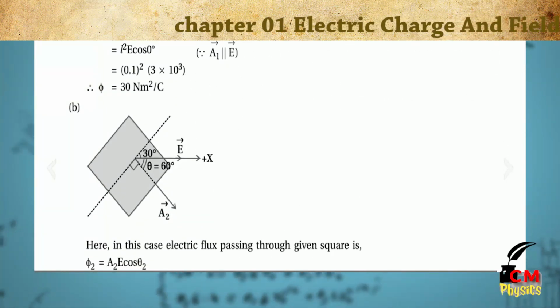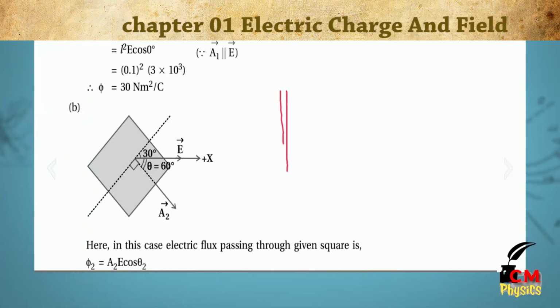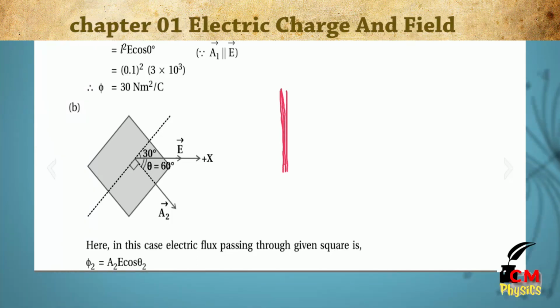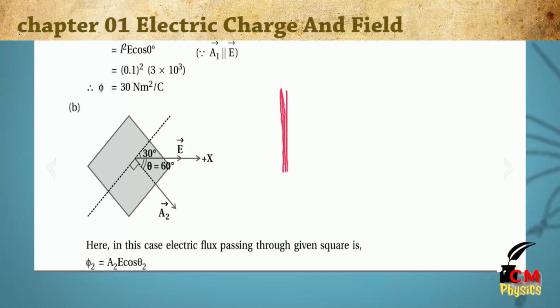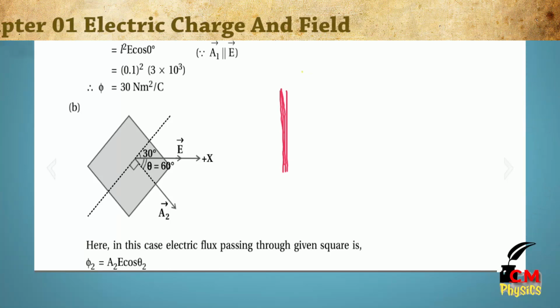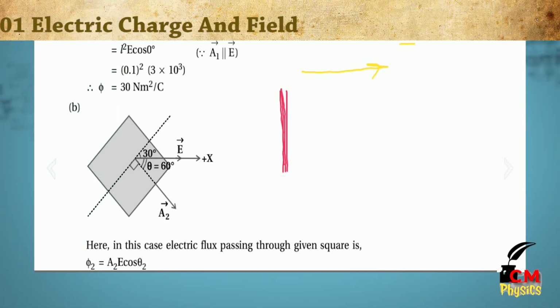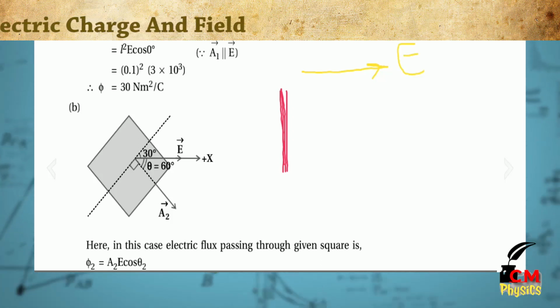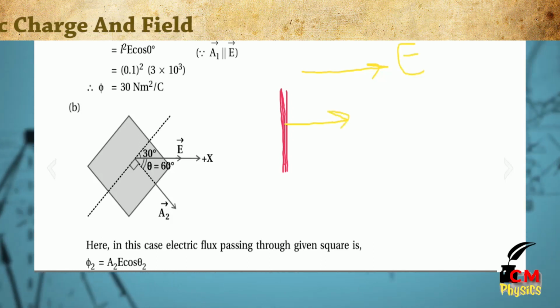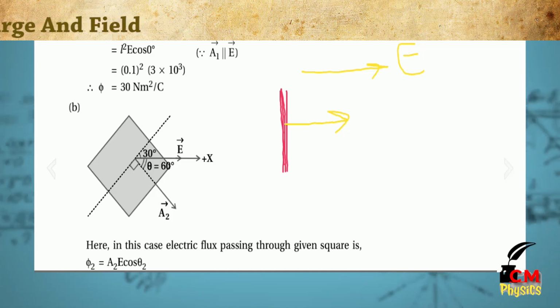suppose this is your plane, the original situation of the plane, and this is the direction of E vector. This situation is the first case.